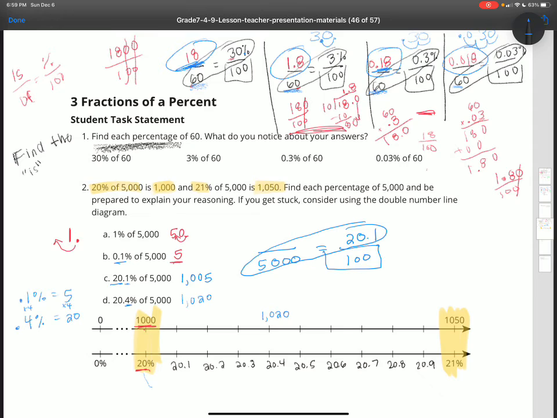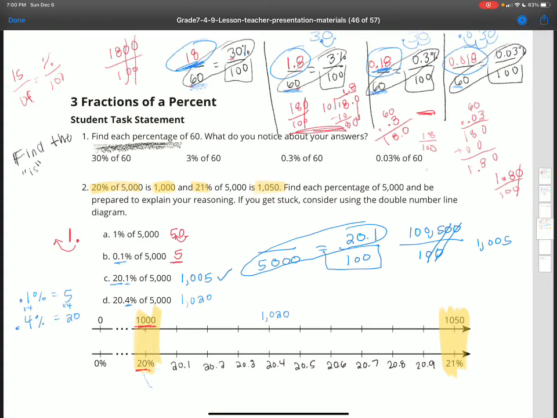Well, we know 5,000 times 20 should give me like 100,000. So it's going to be 100,000 divided by 100. And then if I divide it by 5, guess what? It equals 1,005. So that answer is correct.